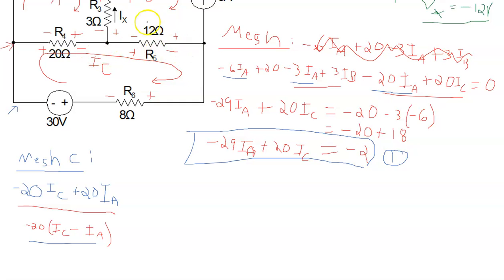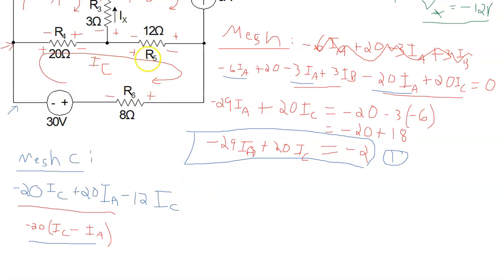Okay, so our next resistor is R5. In a very similar way, from the IC direction, which is left to right, on the C mesh side it's a plus to a negative. So that is, again, subtract 12 times IC, and two terms for that resistor, because it's a shared resistor.